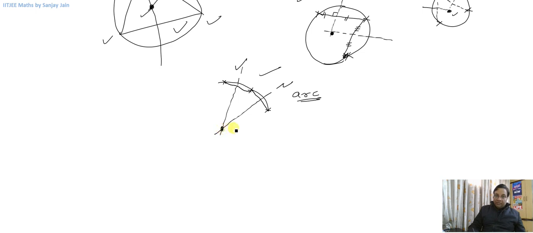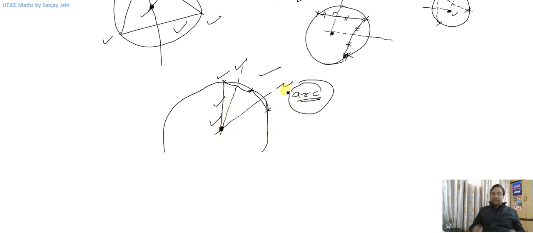So this will be the center of the circle of which this is an arc. So you can complete the circle using this as your center and this as your radius. So two different circles cannot have a common arc, right?